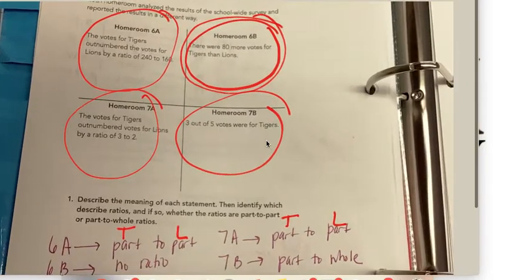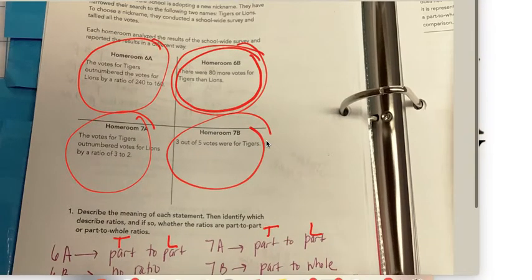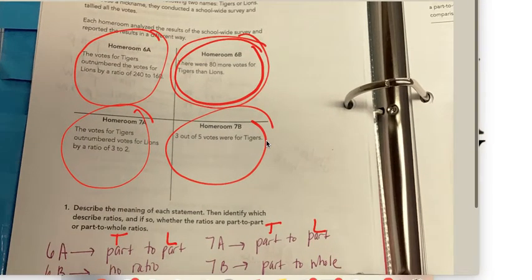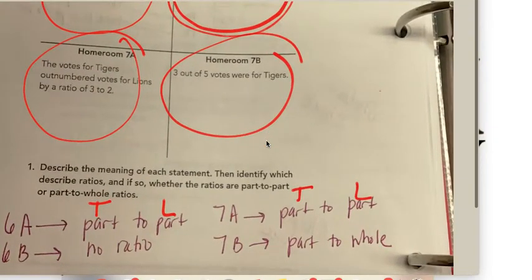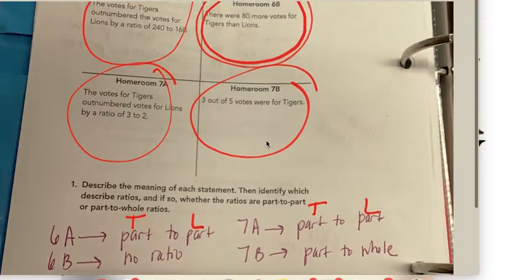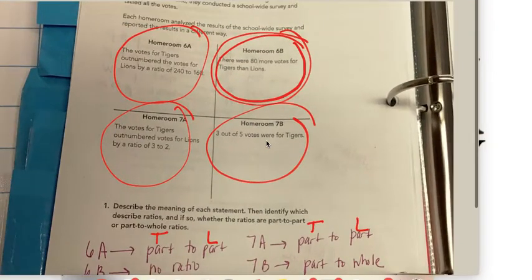This was one that we got to in a few periods, where we talked about different scenarios. In homeroom 6A, the votes for tigers outnumbered the votes for lions by a ratio of 240 to 160. That was a ratio with a part to part. In 6B, there were 80 more votes for tigers than lions. There was no ratio being done here because we do not know the number for tigers or lions.